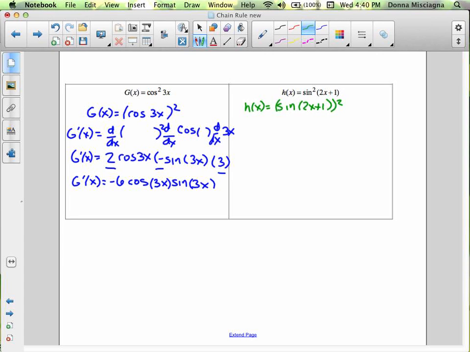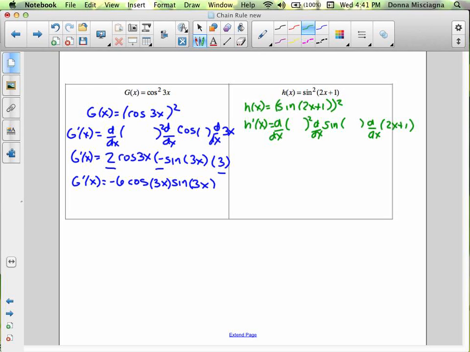So h prime of x is going to be the derivative of blob squared, times the derivative of sine blob, and then times the derivative of the 2x plus 1.